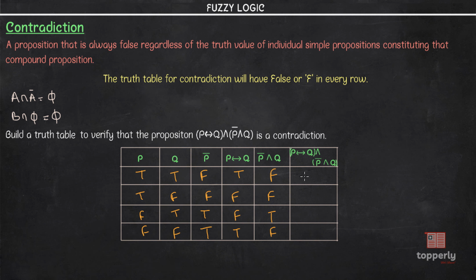Then lastly, we have to take P equivalent Q conjunction P bar conjunction Q. So we have true and false, which is false, false and false, which is false, false and true, which is false, and true and false, which is false. That is, we can see that the final value of the compound proposition is false and hence it is a contradiction. So this is how you prove that a given proposition is a contradiction.